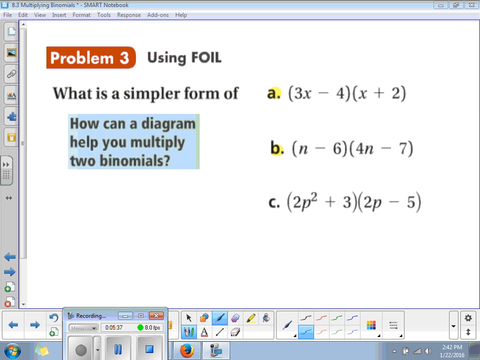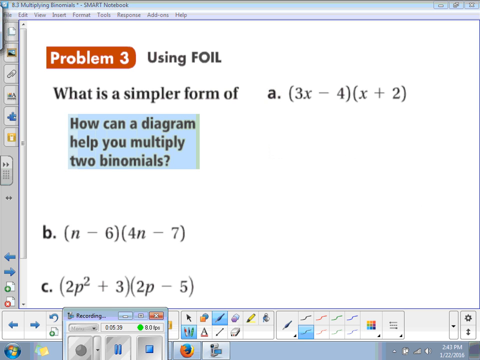All right. So, what is the simpler form of 3x minus 4 times the quantity x plus 2? We will multiply the first terms of the binomials, the first and the first.